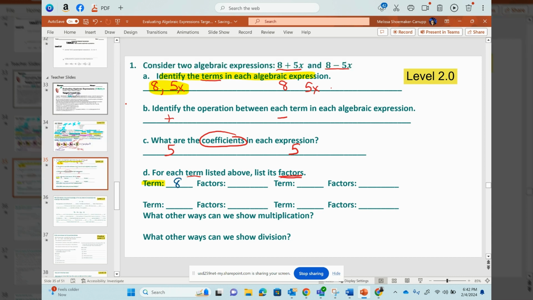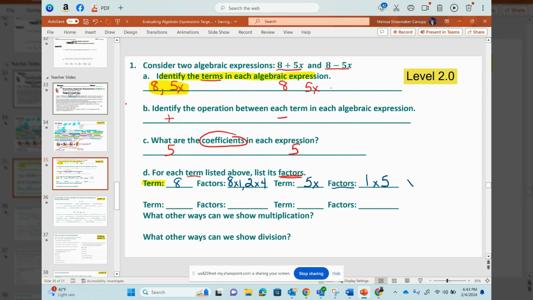Okay, so I'm thinking about factors. Well, that could be 8 times 1, could be 2 times 4. Different ways that we can multiply and make the same number. My next term up there is going to be 5 and x. Well, what are the factors of that going to be? 1 times 5, right?